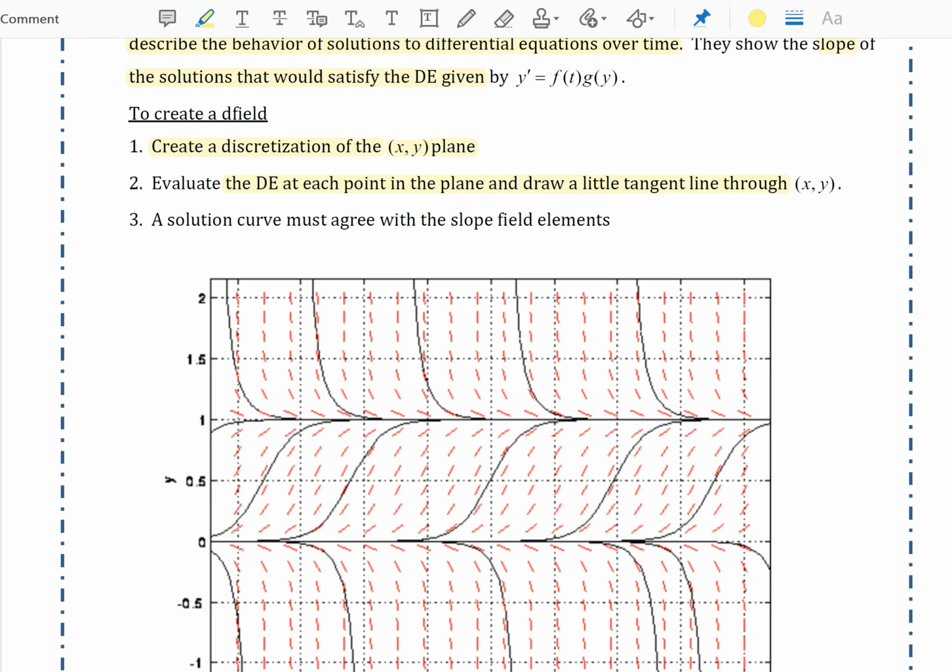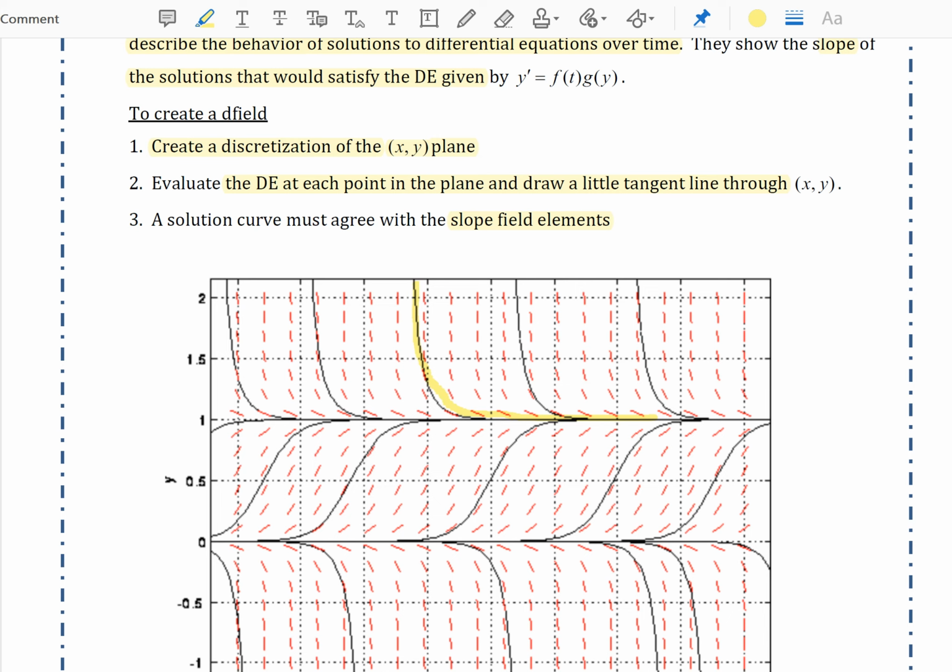Afterward, we draw a solution curve that must agree with each of the slope field elements. So typically when I draw these black solution curves, I imagine the red lines as like the current in the water. And if you were to drop a leaf, it would follow the trend of the little red line segments. And so this is what a typical solution would look like.